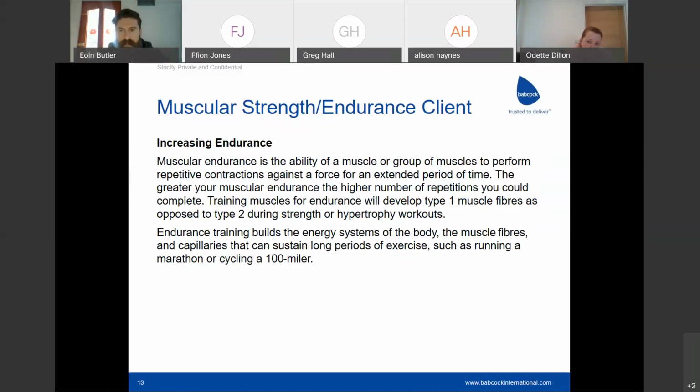Any questions on that? Odette, I know you didn't really have a question on it, but does that make sense? So can you develop a type 1 to have the type 2A as well? No, it's predominantly the type 2s that develop the type 2A. It's like Mo Farah couldn't become a Usain Bolt.